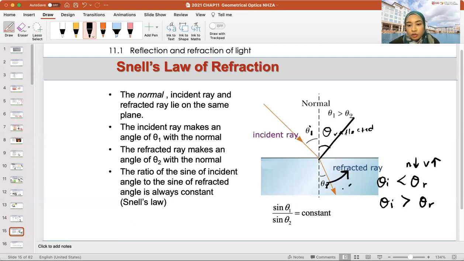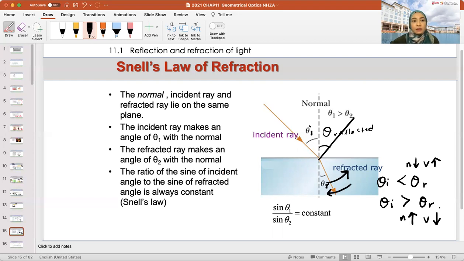When it is traveling towards the normal, you have a smaller refracted angle than the incident, and you know that this is because you are traveling into a medium with a high index of refraction and your velocity is slower.